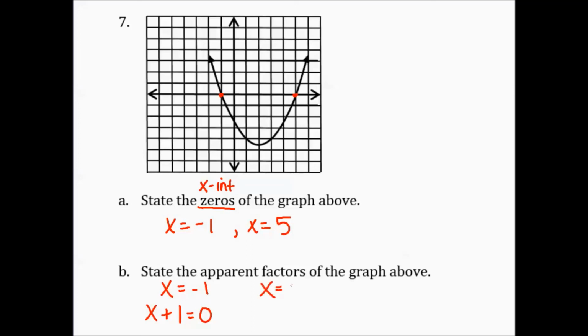If I do the same to the other 0, x equals 5, subtract 5 from both sides to set it equal to 0, then I know that my factors are x plus 1 and x minus 5. As we learned when we wrote the equations of graphs, that is not necessarily the equation for this particular graph, but those are the factors for the equation that is represented by this graph.